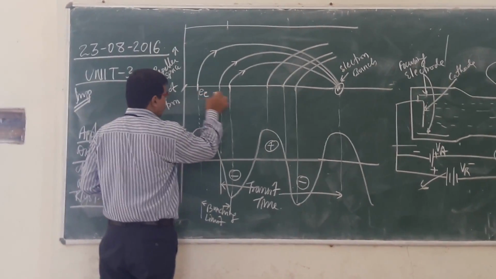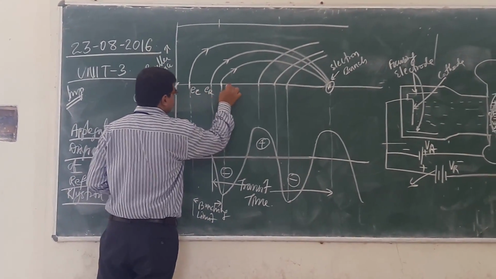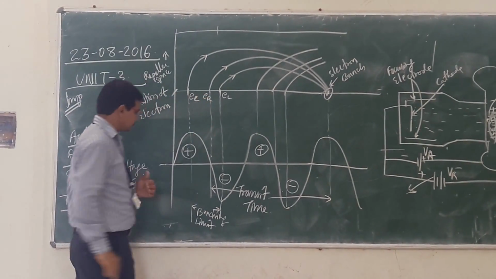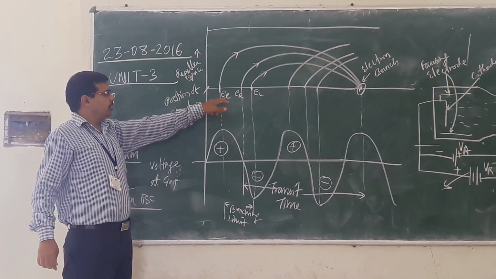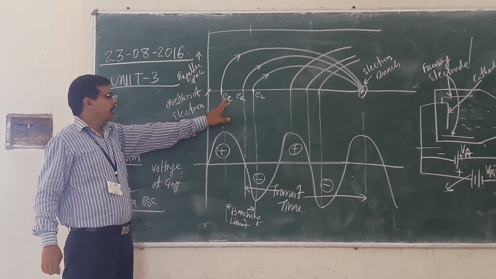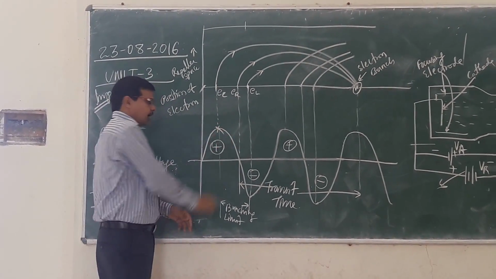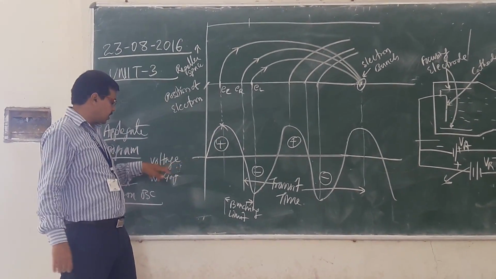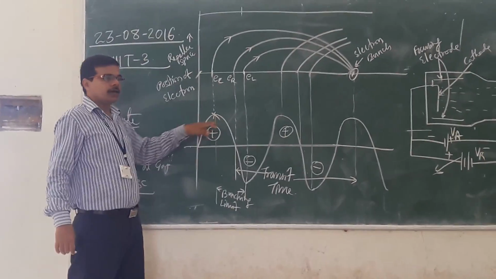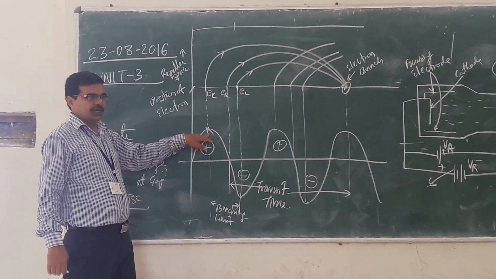Let us assume that you have one early electron, and this is the early electron. When the early electron reaches the gap, at that time the voltage was positive.